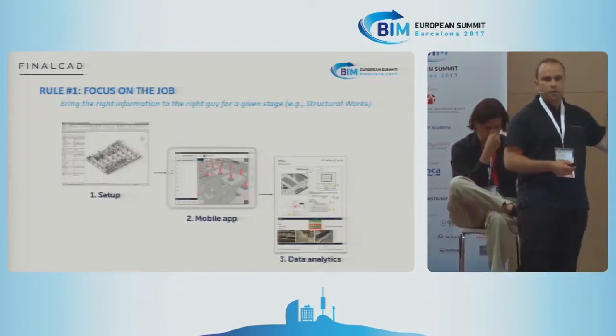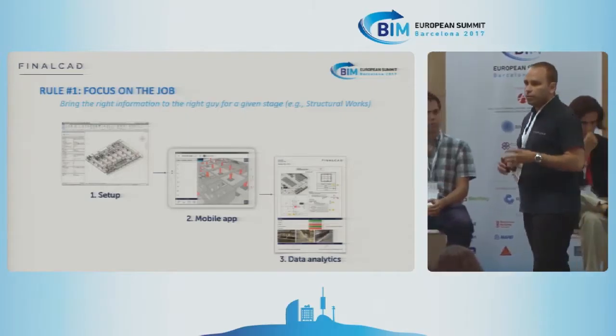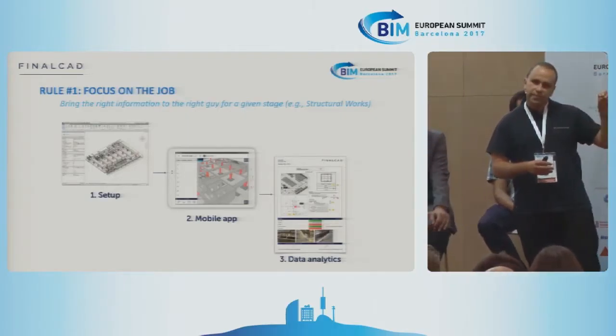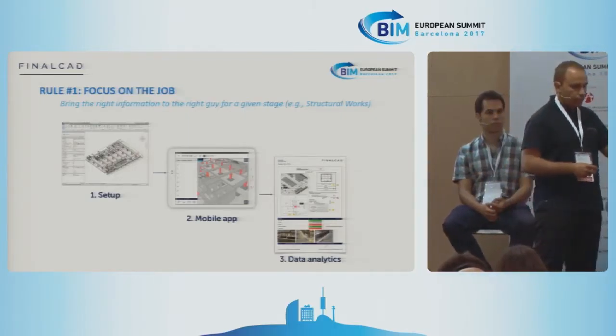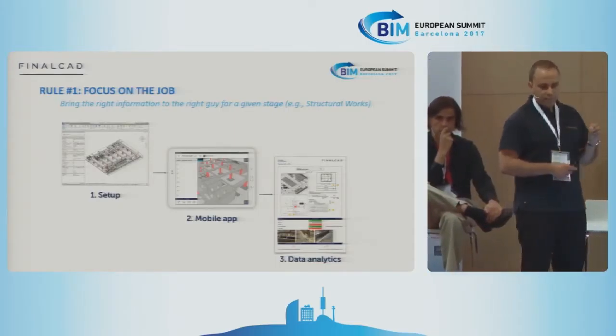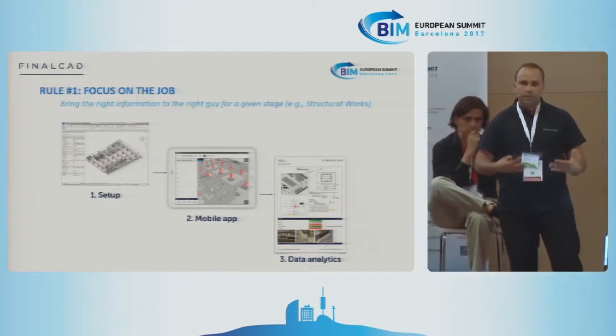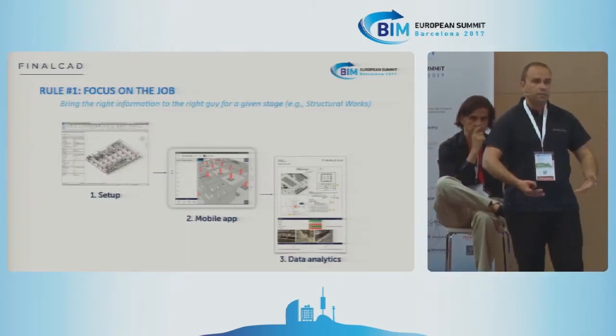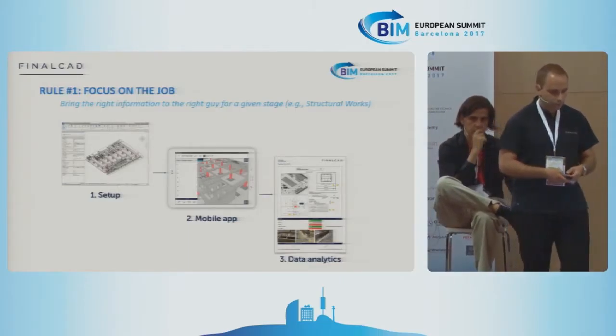So the way we do that, we've developed plugins on Revit that will select all the objects and create the associated quality control or progress monitoring processes that can be used directly on the mobile app, and then that can generate data analytics and reports.